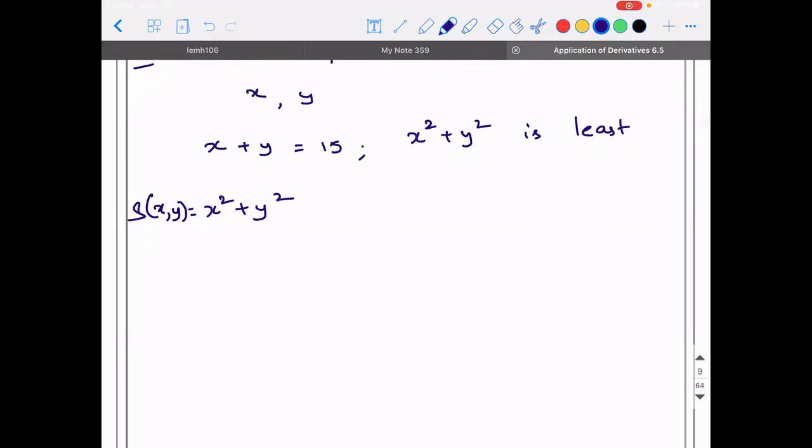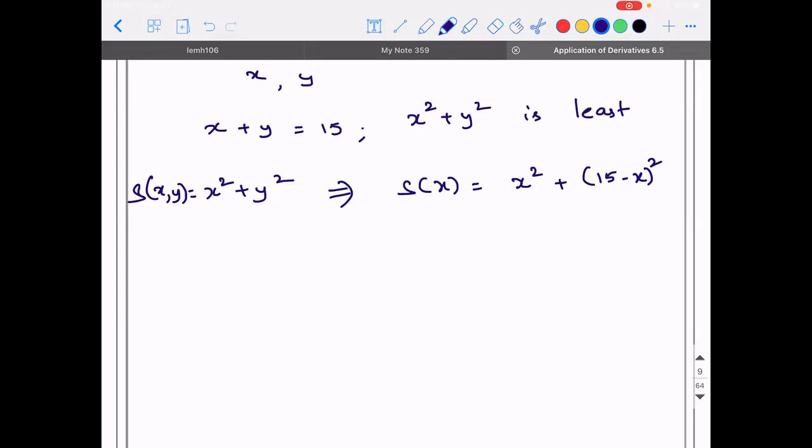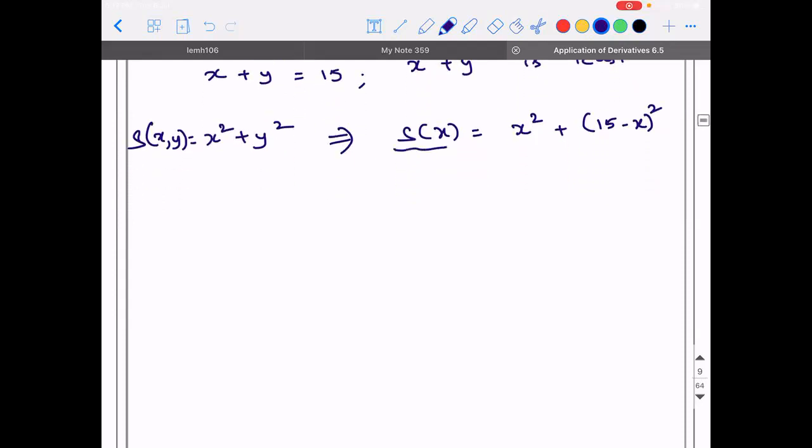Then start differentiating. Which implies S of x is equal to x square plus 15 minus x the whole square. Yes, sir. Okay. Now I need to ensure that the sum is least.